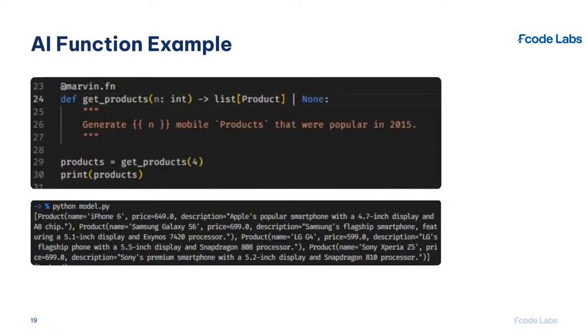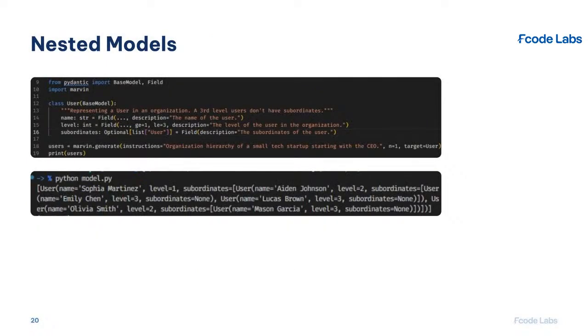After I wrap that with marvin.fn, I just need to call that, and it will generate the exact same output, with a little bit of difference because LLMs are not going to give the same output every time. So that's how we use a Marvin function.